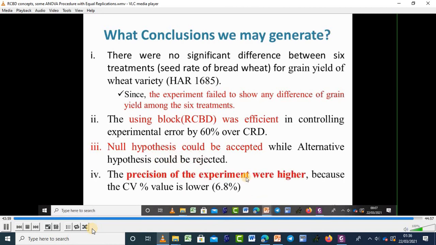And the precision of the experiment was higher because the CV in percent is lower, equivalent to 6.8, and this is lower than the rule of Gomez and Gomez, which in the case of variety trials says the CV value is tolerable from 0.0 up to 8%. So this principle is accepted, and the precision of the experiment is higher.